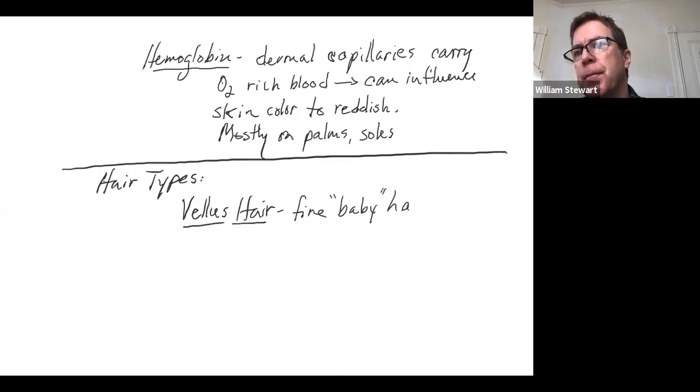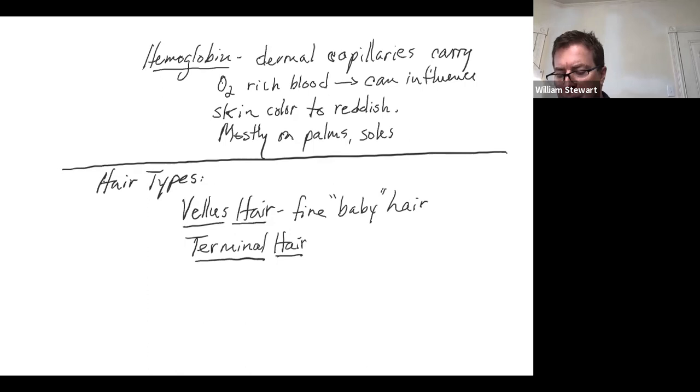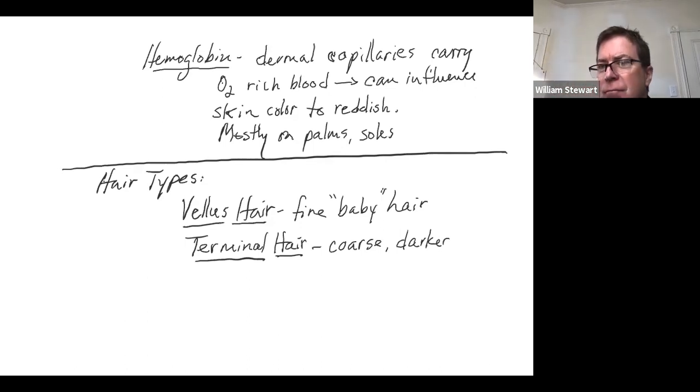That's a very different type of hair than terminal hair. Terminal hair tends to be coarse, has more color in it as well. So I'm just going to write coarse, much darker because it has more pigment, more melanin in it.